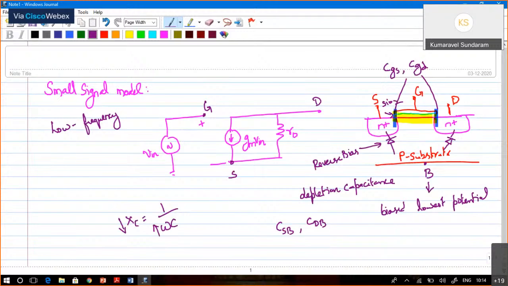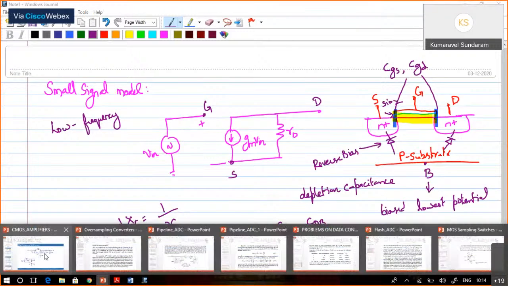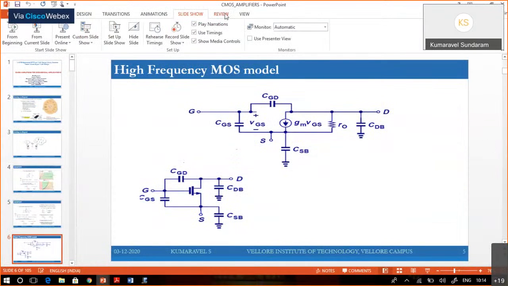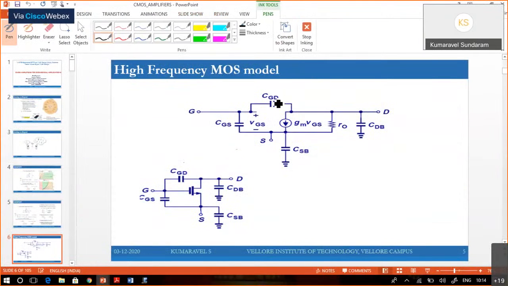So we should consider the high frequency effect also when we are analyzing the MOSFET. Here we have CGD, CGS, CSB, and CDB. So this is a high frequency model of the MOSFET.